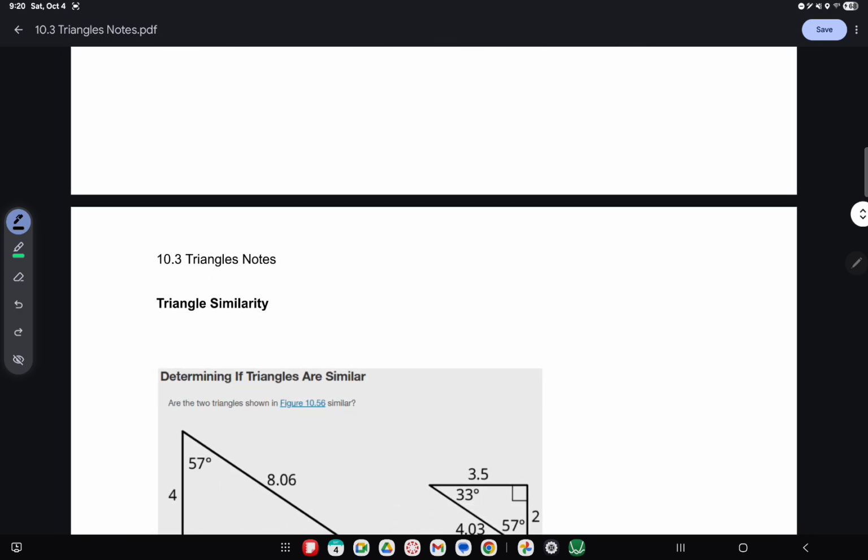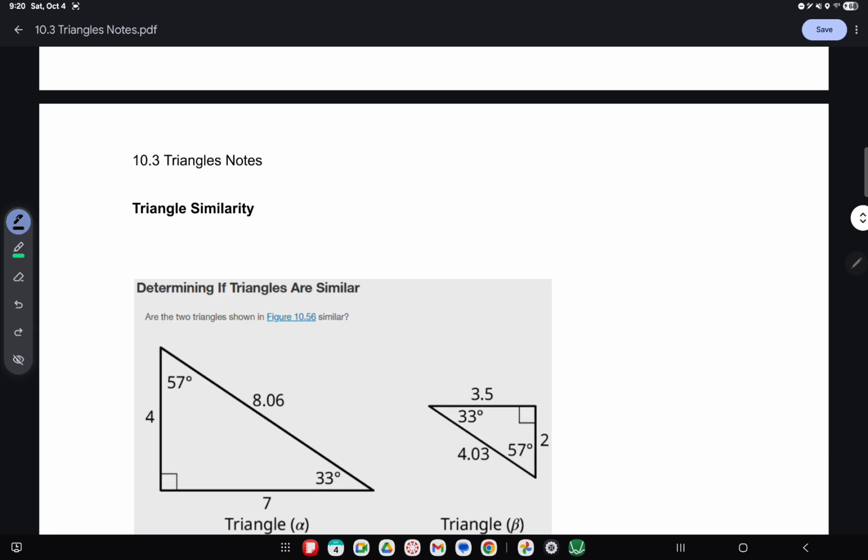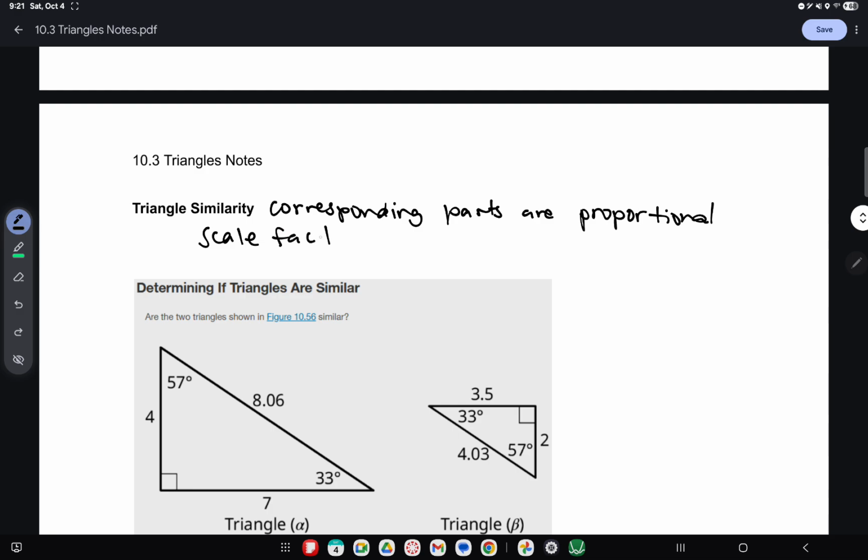When we talk about similar triangles, they are not congruent. They are similar. So with these, the different corresponding parts are proportional, meaning there's some kind of scale factor.